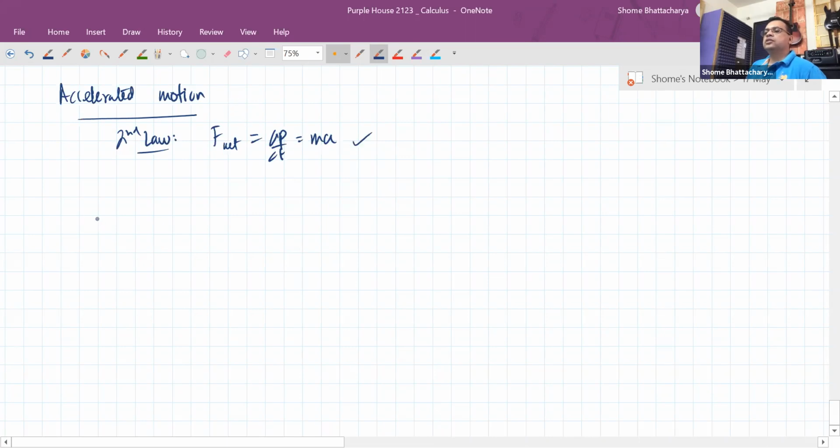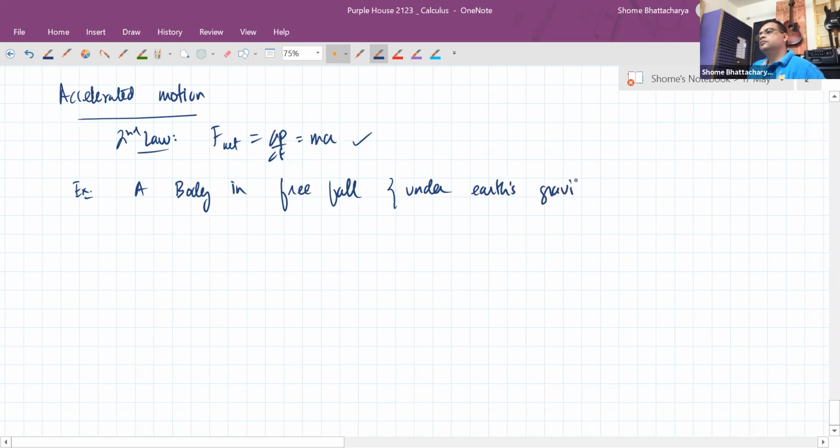Let's take the example of an object in free fall under gravity, that is, under the action of the Earth's gravitational pull.